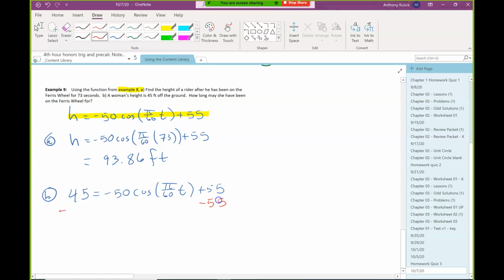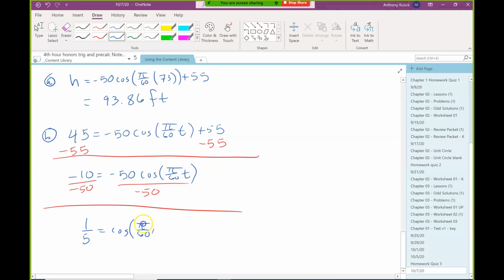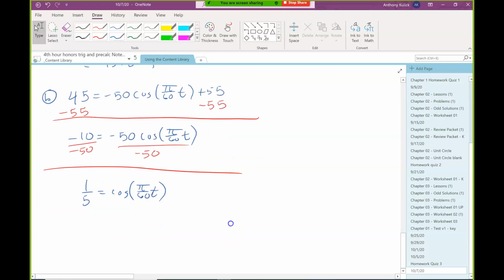Very good. And then what? Divide by negative 50. Okay, now what?